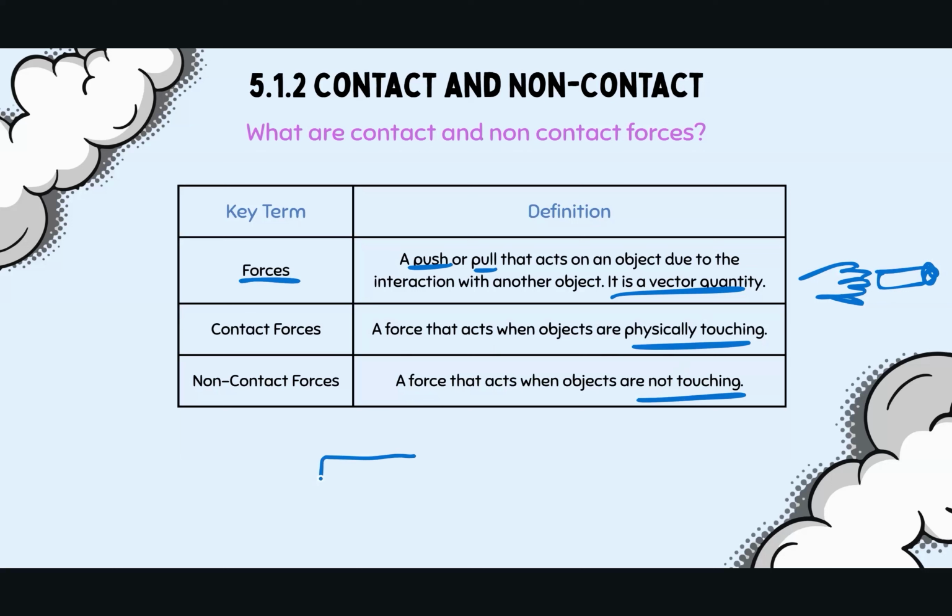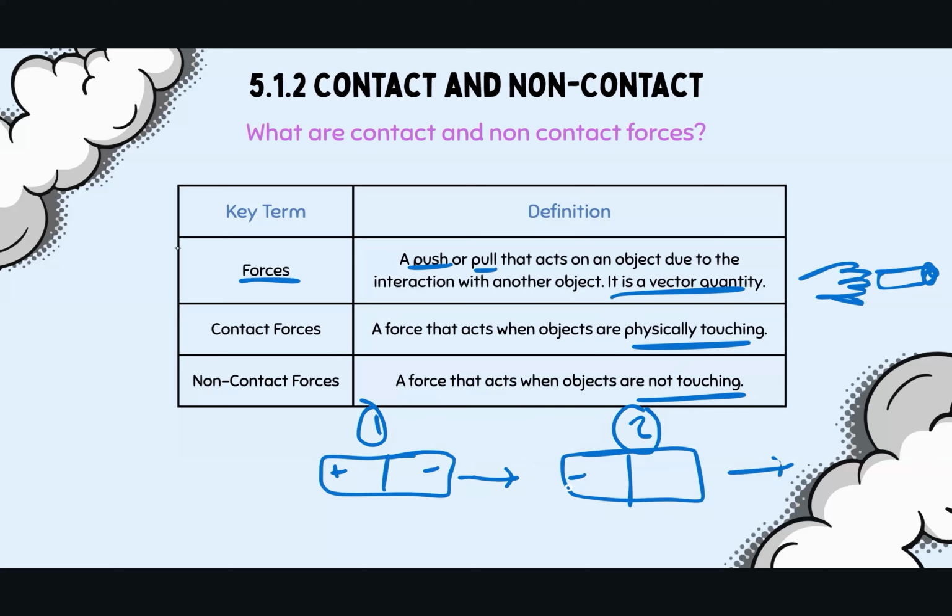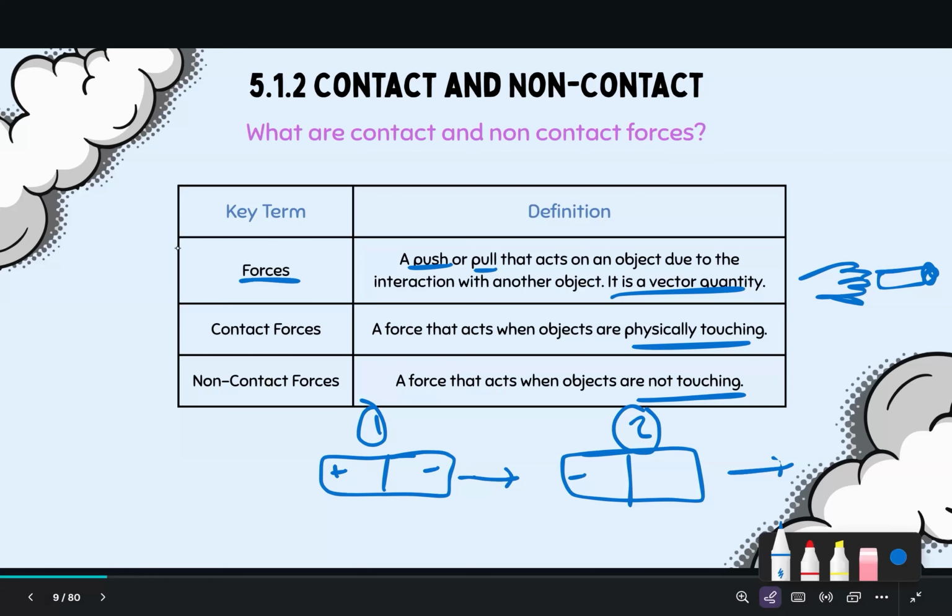For example, I've got a magnet here. I've got negative side, negative side. As I bring magnet number 1 close to magnet number 2, what's going to happen to magnet number 2? It's going to move automatically. Do I have to make them touch? No. So that's a non-contact force.